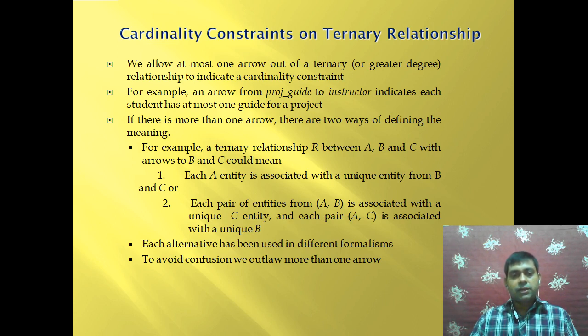So if there are A, B, C, 3 different entities, then take any 2 of them and define the cardinality between those 2, that is the pair of entities, and separately you take another pair of entities amongst which you can put the cardinality, and that is how whatever cardinality we know, 1:1, 1:m, m:1 or n:m, those can be applied on those pairs of entity sets.